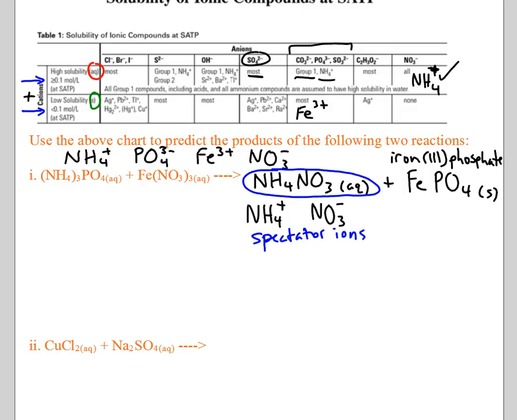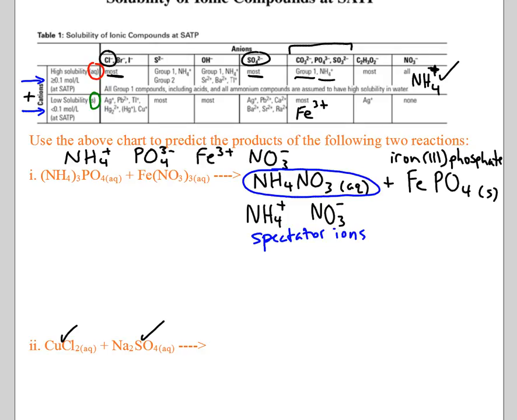So that's confirming the high solubility, aqueous form of sodium sulfate. Copper 2 chloride. Chlorides are over here. Okay, chloride again, high solubility for most cations. The ones that are not highly soluble are silver, lead 2, thallium, dimercury 2 plus, mercury 1, and copper 1. So copper 2 chloride again, high solubility.